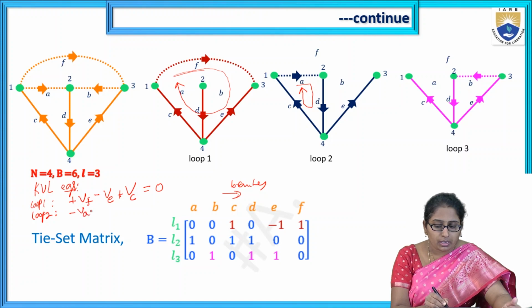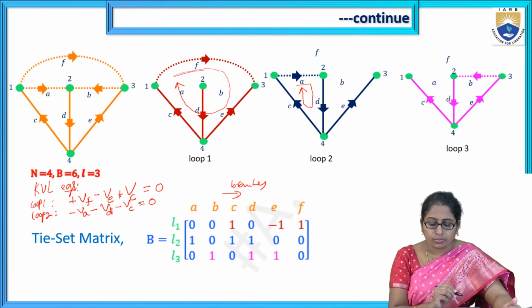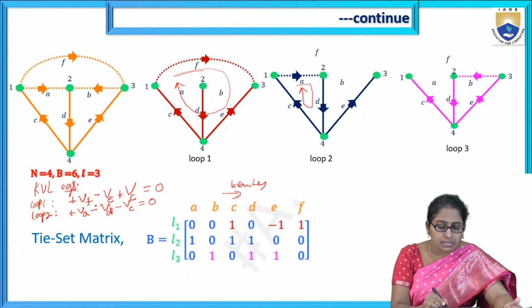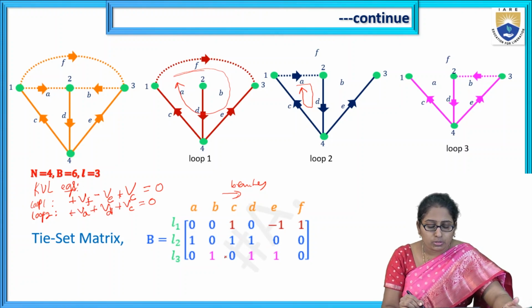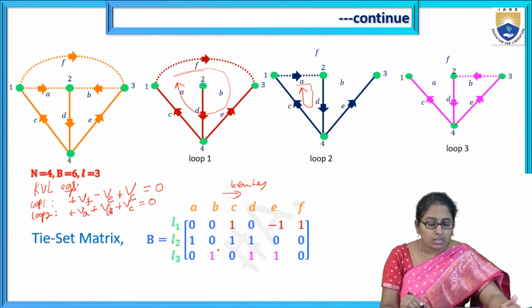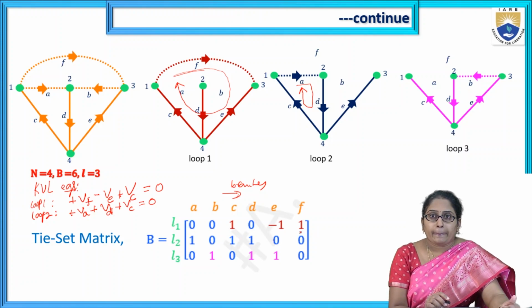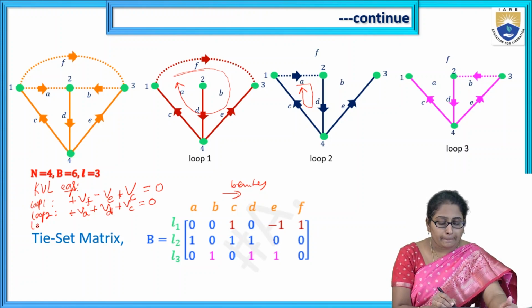So minus VA minus VD minus VC equal to 0. All are minus, so multiplying with minus gives all positive coefficients: branch A plus 1, branch C plus 1, branch D plus 1. The remaining values are zeros.